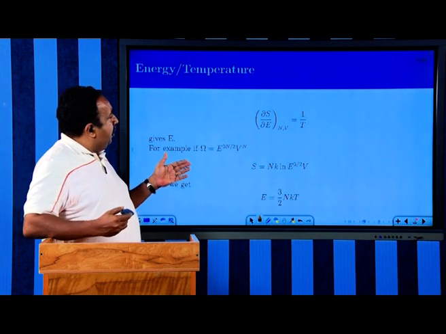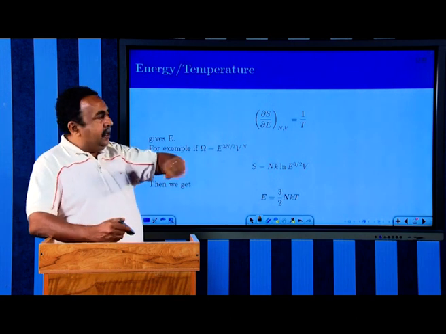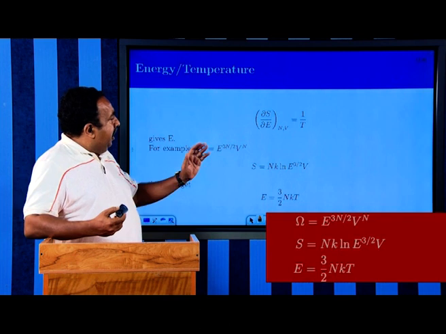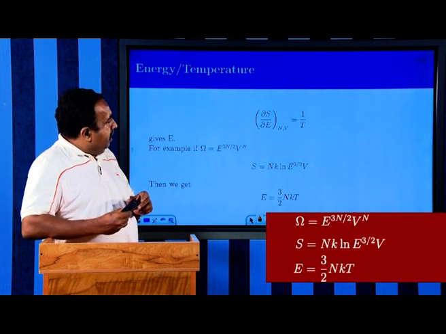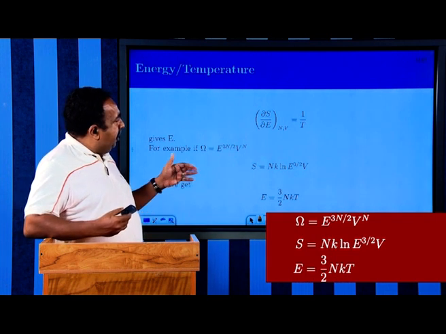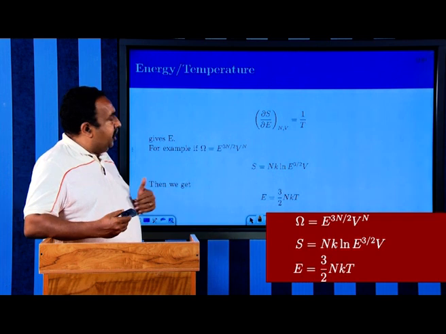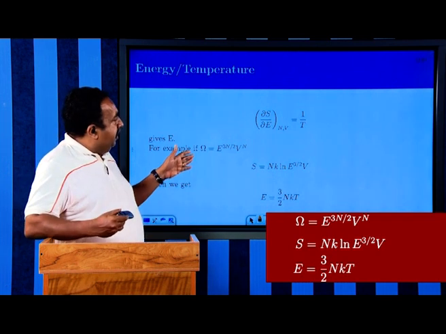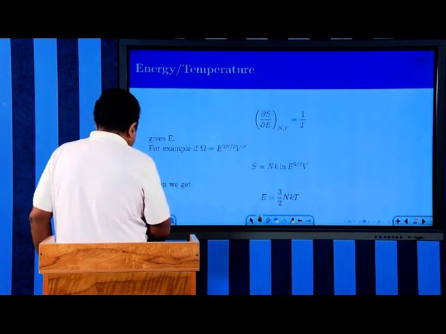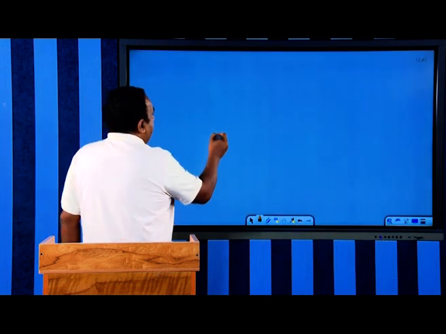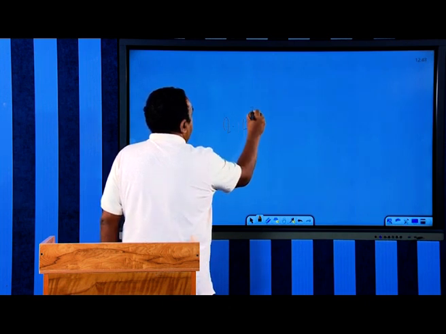For example, if your omega is equal to e raised to 3n by 2 V raised to n, then your S will be equal to nk log, where that n will be coming as a common factor, so I can take it outside. S is equal to nk log e raised to 3 by 2 into V. Therefore, if I take a partial derivative of S with respect to E, I will be able to get the temperature. Again, you are given omega is equal to e raised to 3n by 2 V raised to n.